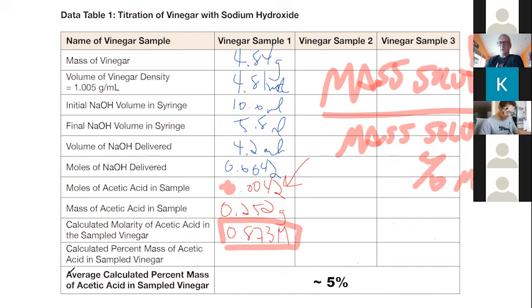Think of what molar means. What's the actual definition of molar? The definition of molar? What is molar defined as?